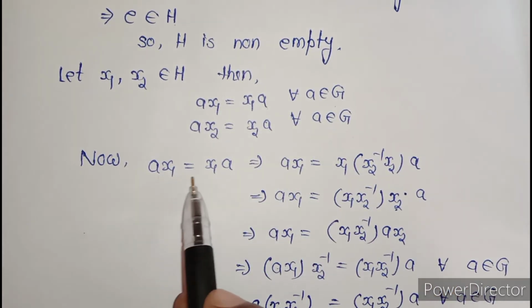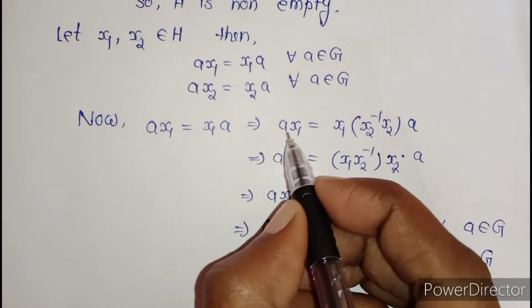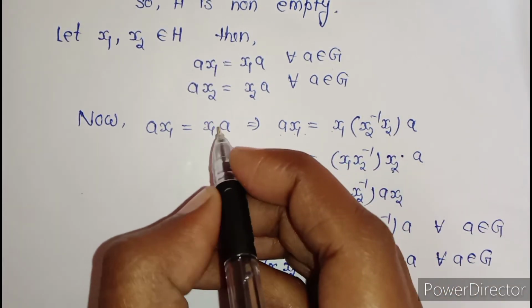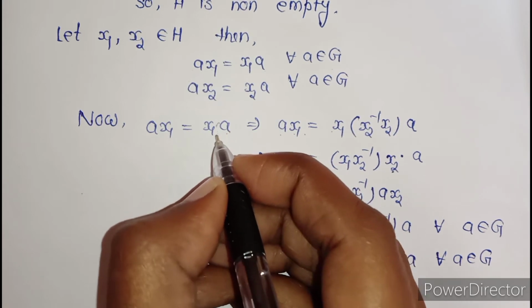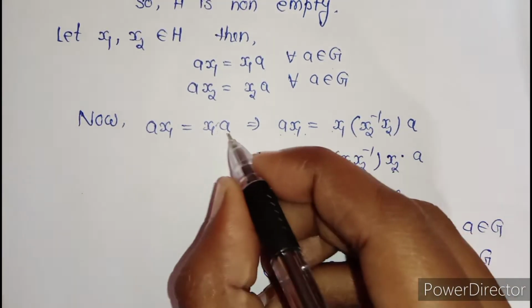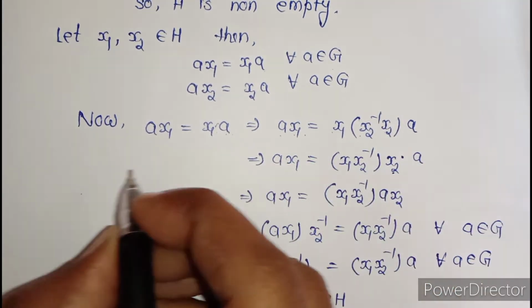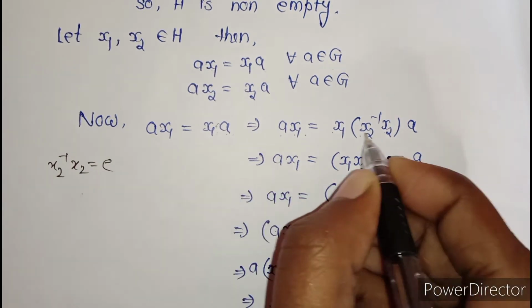If I take the first condition, then a·x1 = x1·a, and here I can write e, identity, because when we multiply identity by any element, it gives the same element. So we can write e as x2 inverse into x2, because we know that x2 inverse into x2 is equal to identity.